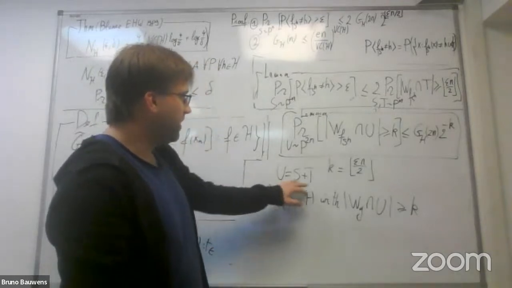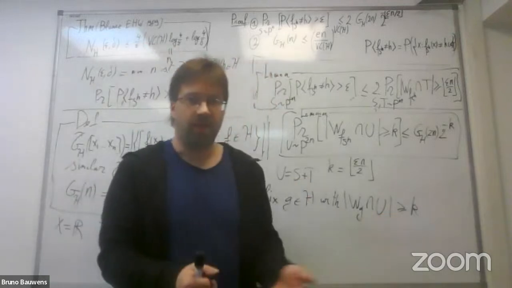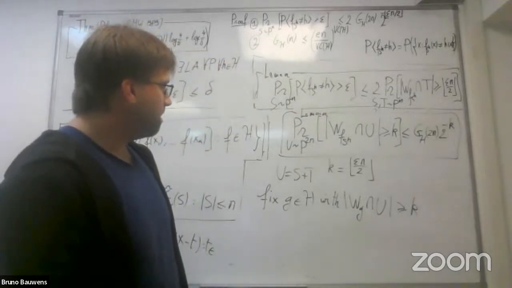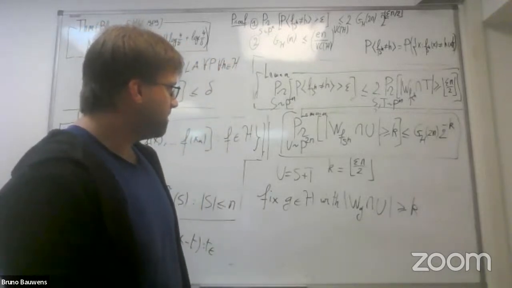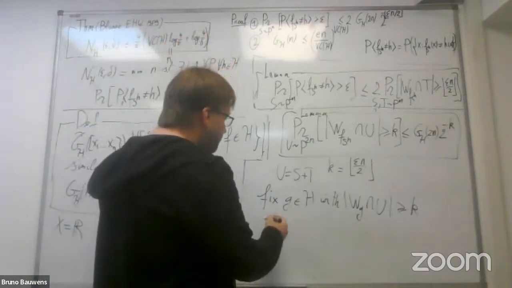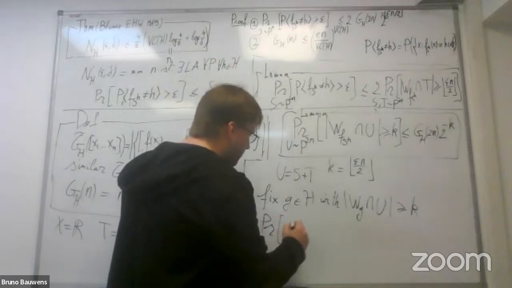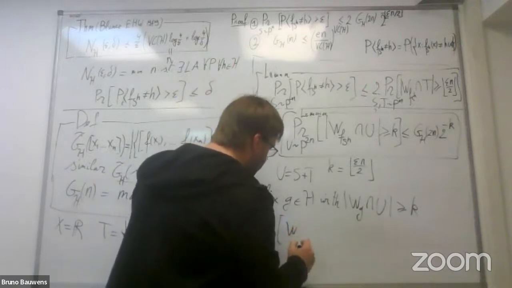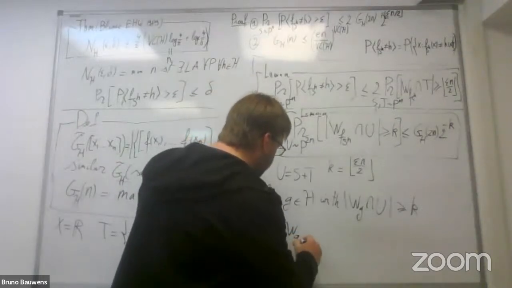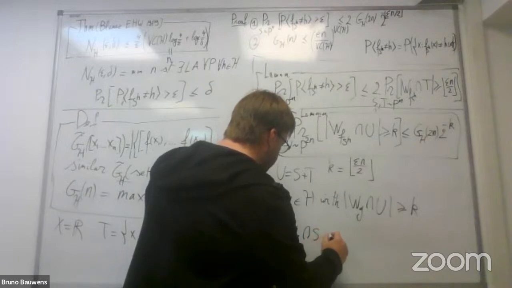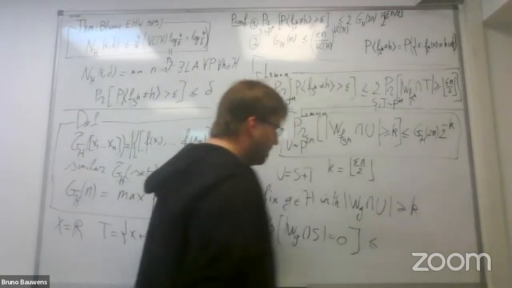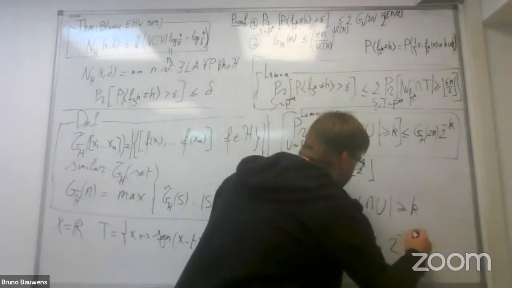Let us generate U with this condition and then randomly scramble U. Then the probability that WG intersect S is equal to 0 is bounded by 2 to the power minus K.